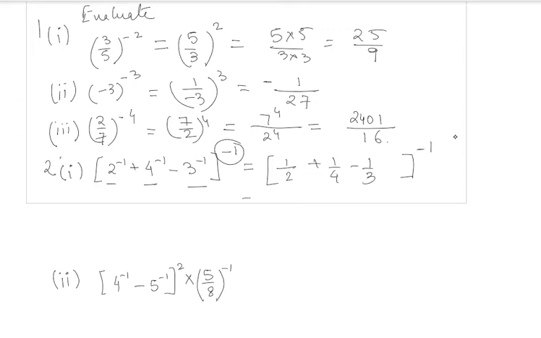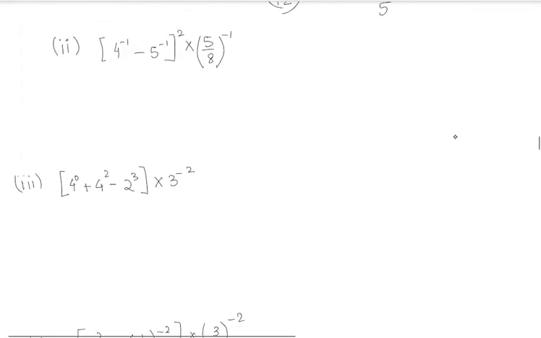I will take the LCM. What is the LCM? 12 is the LCM. So 6 plus 3 minus 4, to the power of minus 1, which is equal to 6 plus 3 is 9, minus 4 is 5 by 12, to the power of minus 1, which becomes 12 by 5, which is my final answer. The next question is again evaluate.